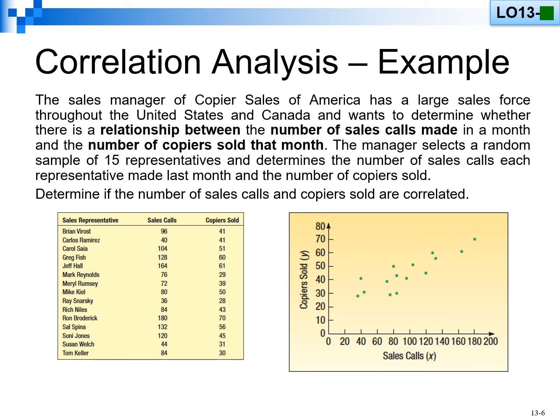We're going to look at this particular example, trying to measure the relationship between the number of sales calls made in a month and the number of copiers sold that month. Sales calls is X, the independent variable, and copiers sold is Y. Here's the data.